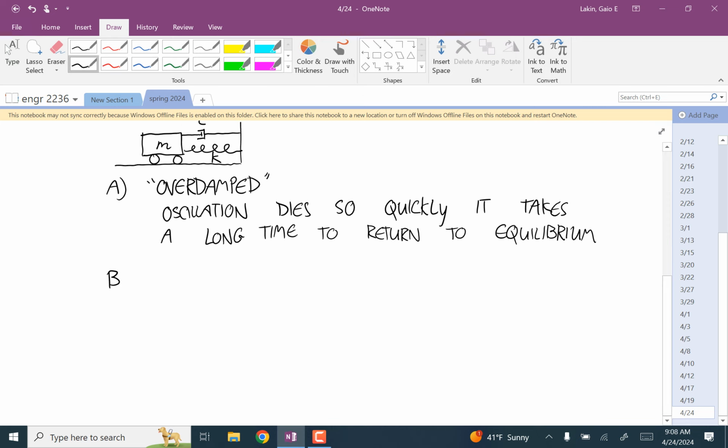The second case, usually in control systems, this is the case that you're looking for, is called critically damped. The damping is less, and this is the fastest return to equilibrium.